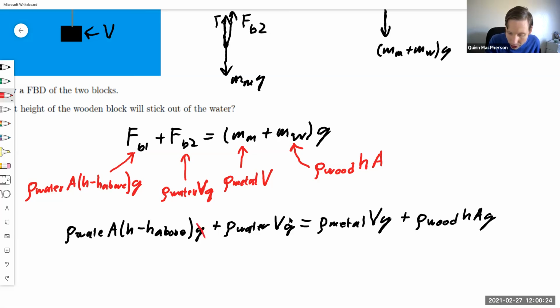You might notice that we can cancel our g's. Then after that, basically, we need to do algebra to solve for this.